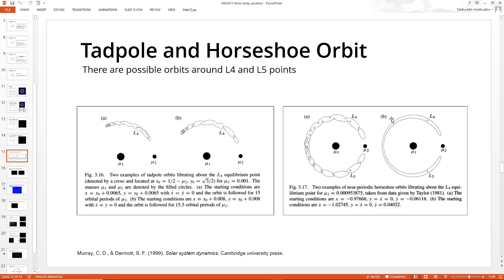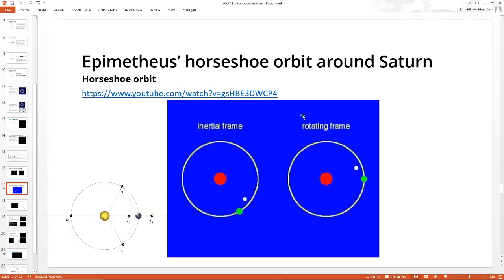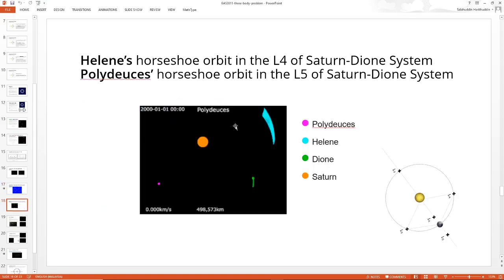Back here again. You can only see the shape when you use the rotating frame. This one is also a tadpole orbit. In these two regions here are all moons that are orbiting these two Lagrange points, the ones we were talking about.